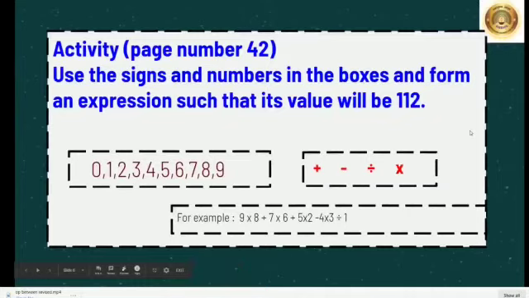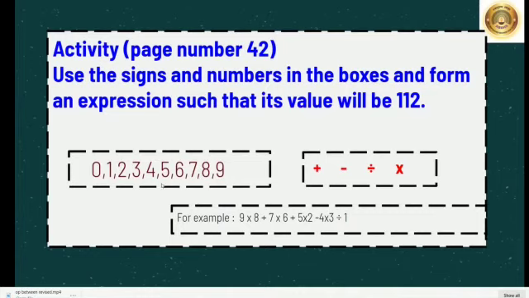Now let's see the activity on page number 42 of your textbook. The question is, use the signs and numbers in the boxes and form an expression such that its value will be 112. The numbers are 0, 1, 2, 3, 4, 5, 6, 7, 8 and 9. And you have to use the mathematical operations of addition, subtraction, division and multiplication.